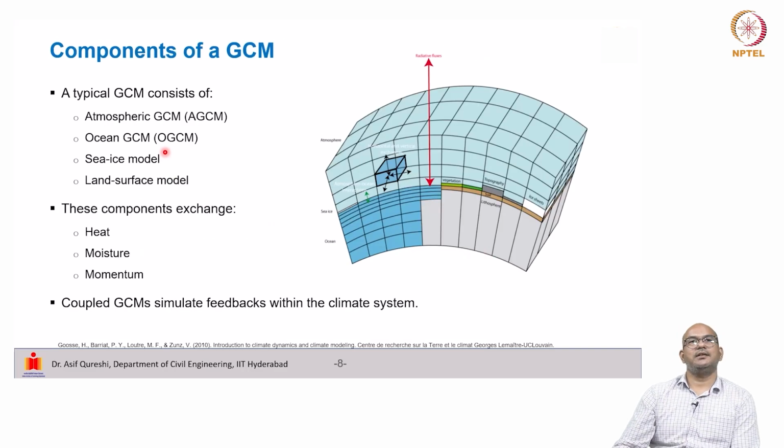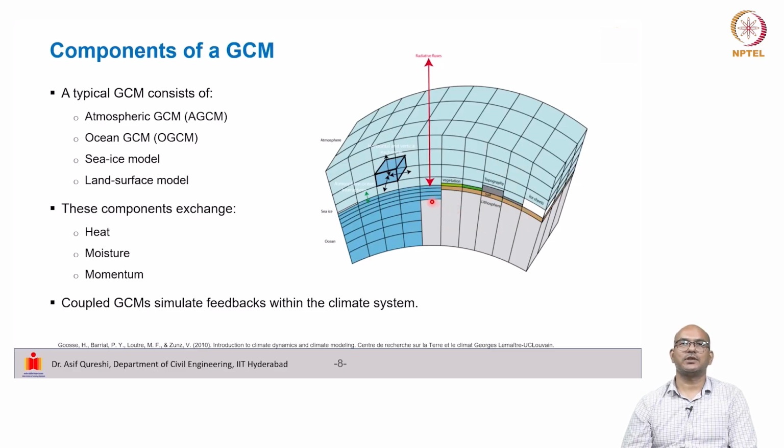A typical general circulation model will consist of an atmospheric GCM, AGCM, an ocean GCM, OGCM, a sea ice model and a land surface model. So, if we look at a general grid, this is land, so we have the lithosphere grids.